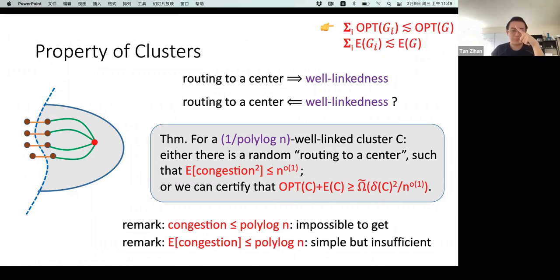If we have one crossing and A paths use this edge, B paths use this edge, eventually this may give birth to A times B crossings. So bounding the congestion is not enough.